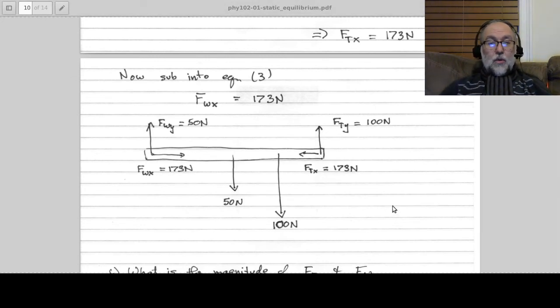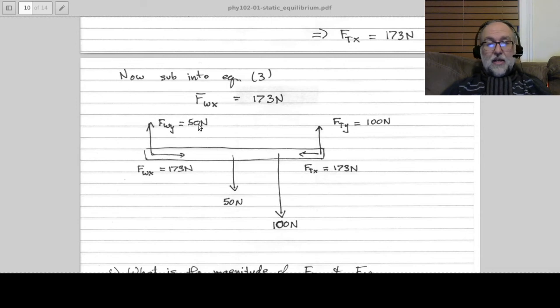So what did we find? Well, we found these two we had, 50 newtons and 100 newtons. We had those already. We found that FTY, the y component of the tension, was 100 newtons. As soon as we found that, this one plus FWY had to balance these two. If that's 100, and that's 150, then that had better be 50 to balance it.